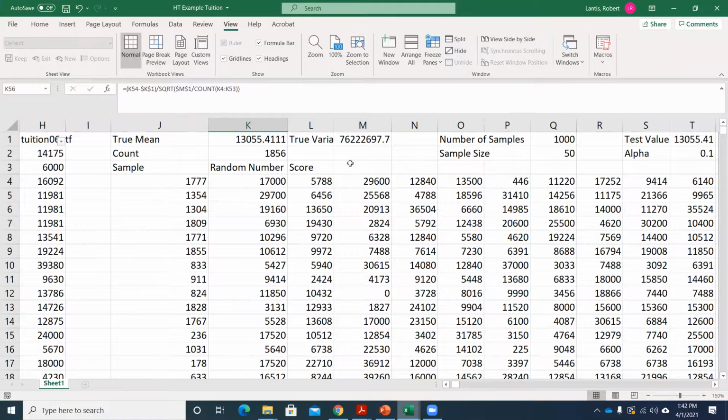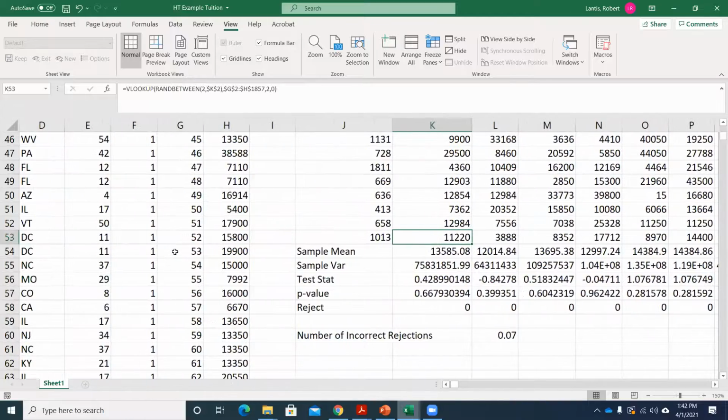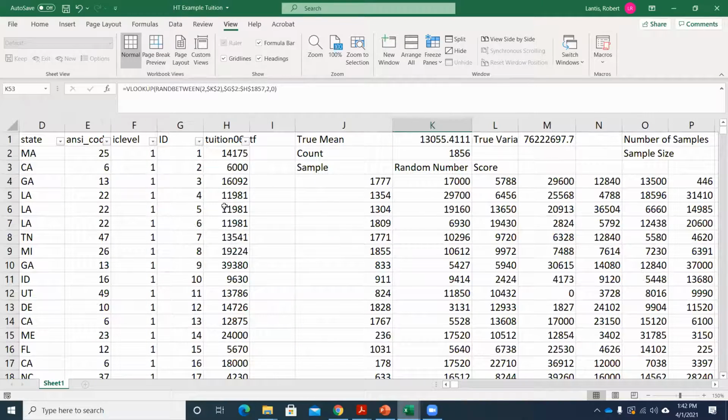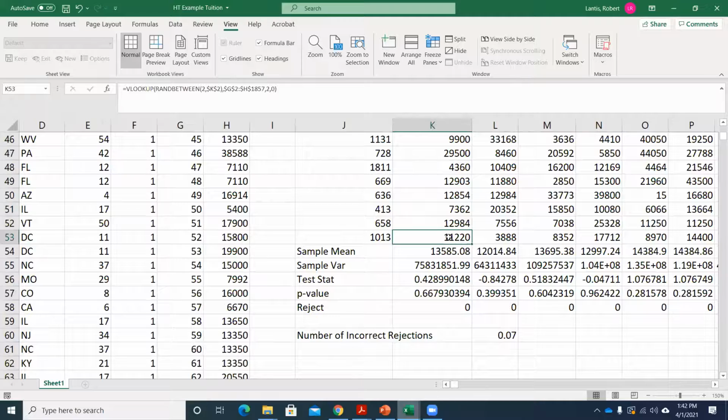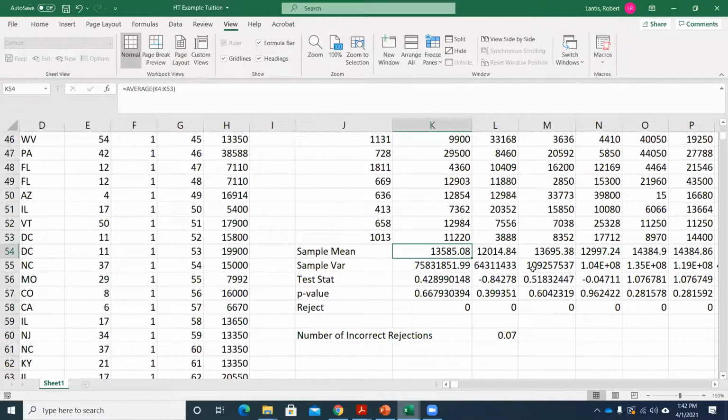So I can force that here. I then created random numbers and took a random sample. This matched a random number to the school ID and then put their tuition amount in here. So right here I've got my first random sample of size 50. I can calculate my sample mean and sample variance.